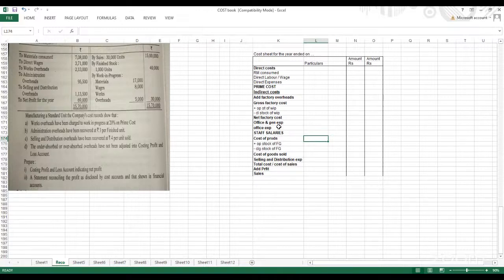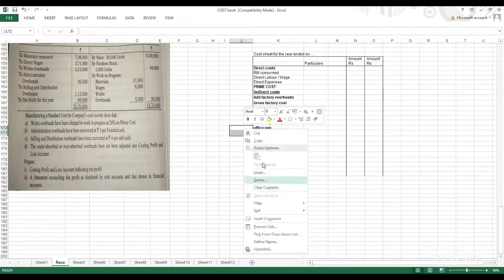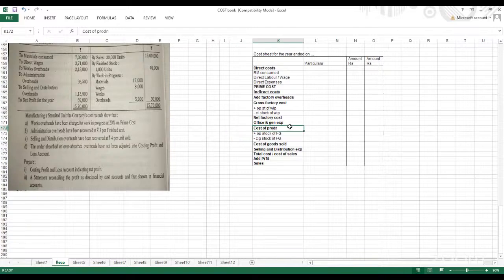Then we add office admin expenses. There are many items inside it, I will remove them, 2 items are given.